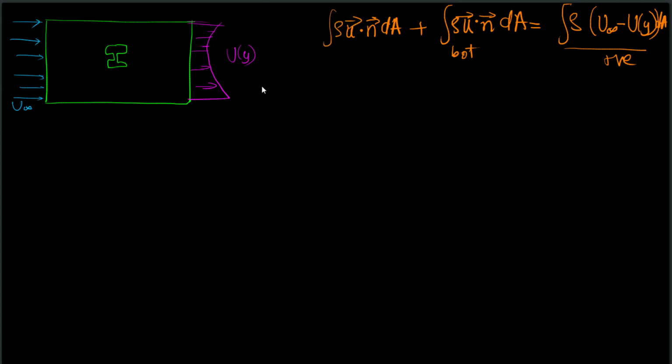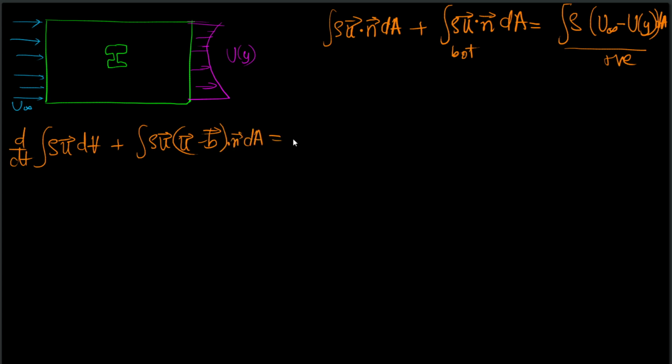So the conservation of momentum is going to be d/dt of the integral of rho u dV plus the integral of rho u (u minus u_b) dot n vector dA, and it is equal to the net force acting on the control volume. We've already discussed that the net force acting on the control volume is going to be in this direction, and that is going to be the drag force.